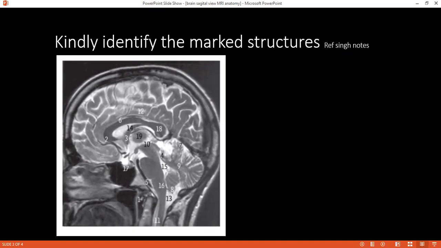It is downward displacement of cerebellar tonsil. All right, okay. What is tentorium cerebelli? Ma'am, tentorium cerebelli is a lining which separates cerebral hemispheres from the cerebellum.